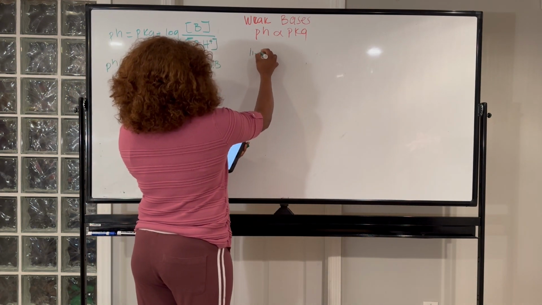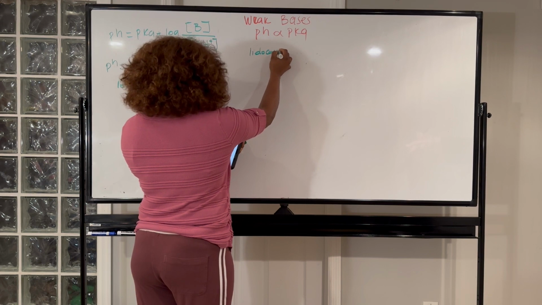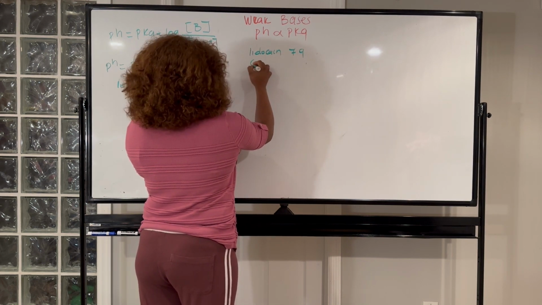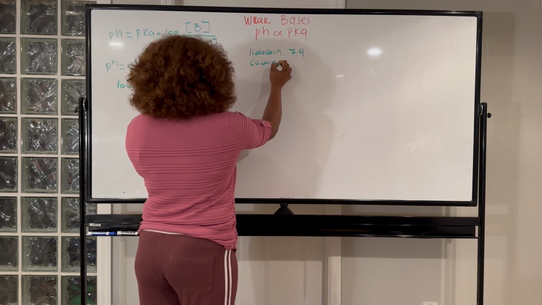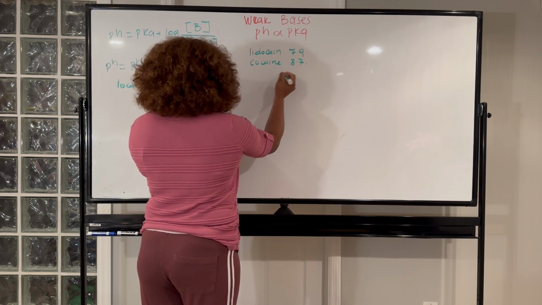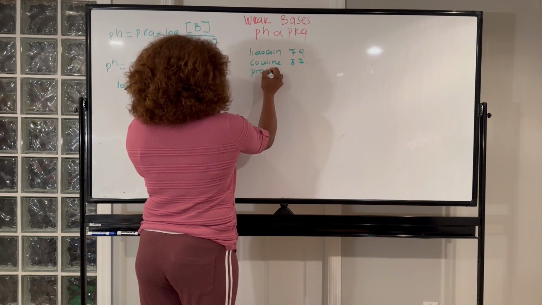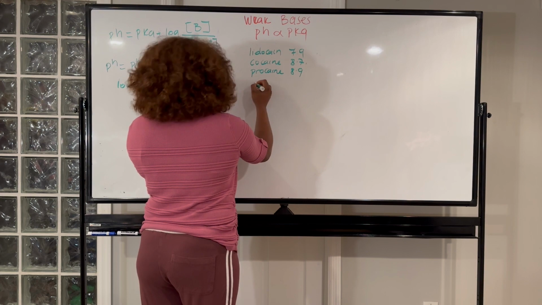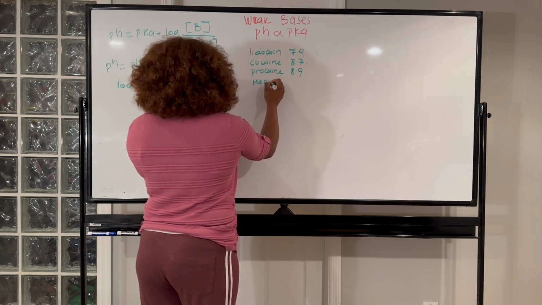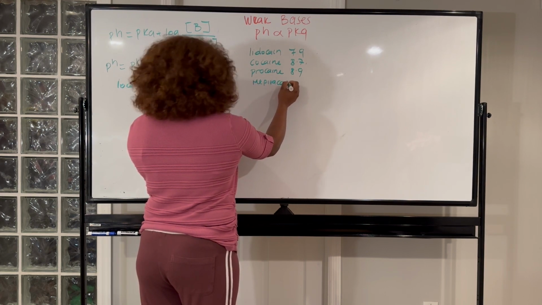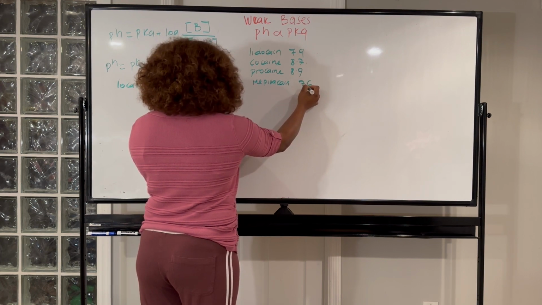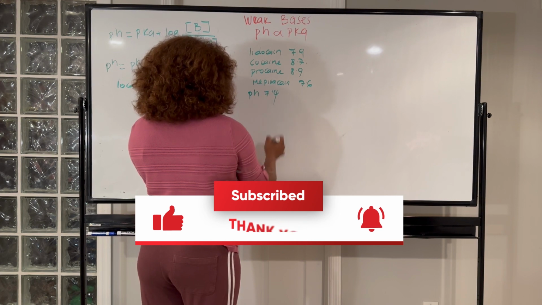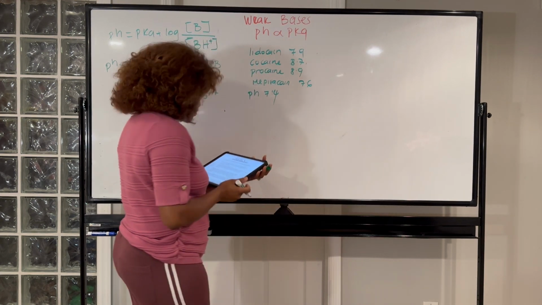We have lidocaine with a pKa of 7.9, cocaine with a pKa of 8.7, procaine with a pKa of 8.9, mepivacaine with a pKa of 7.6, and we have our physiological pH of 7.4.